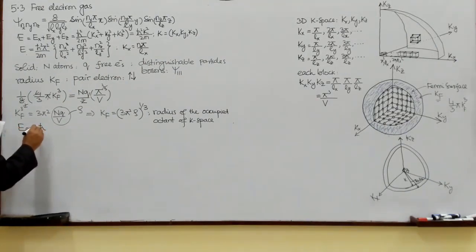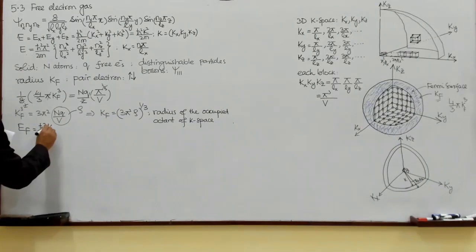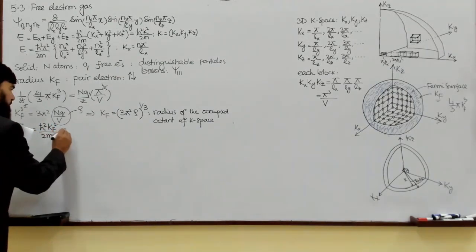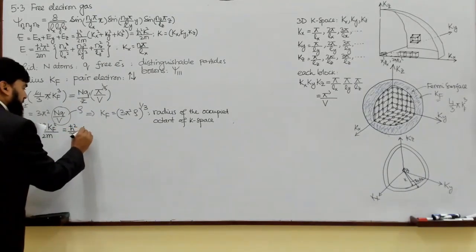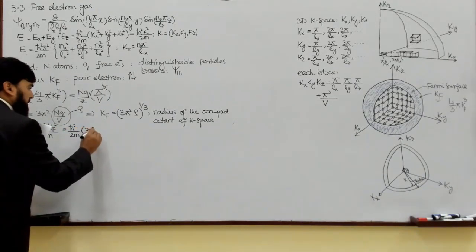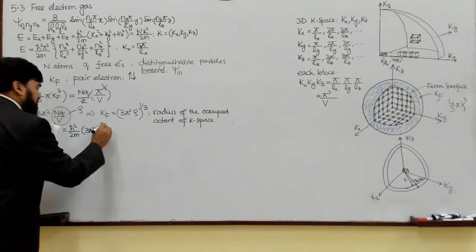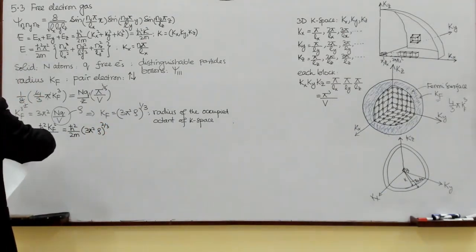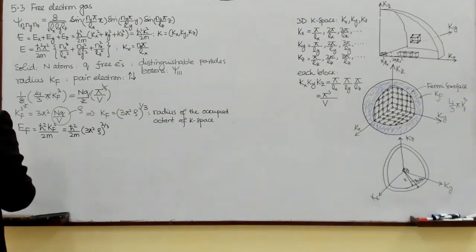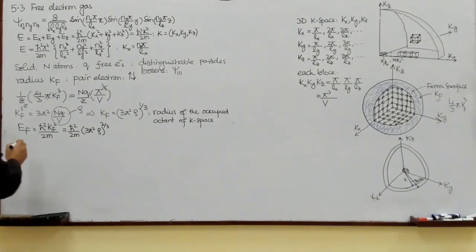It will be h bar squared kF squared over 2m. And I will put the value of k from here. So this is h bar squared over 2m times 3 pi squared rho, to the power 2 over 3.